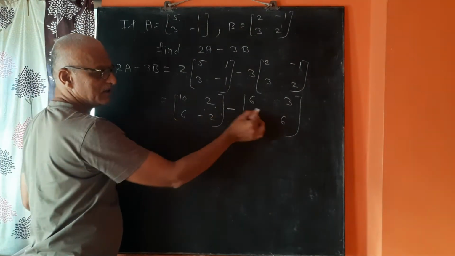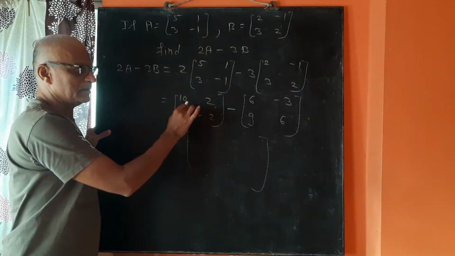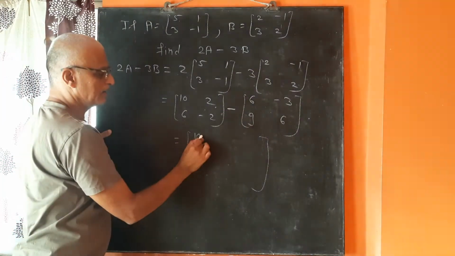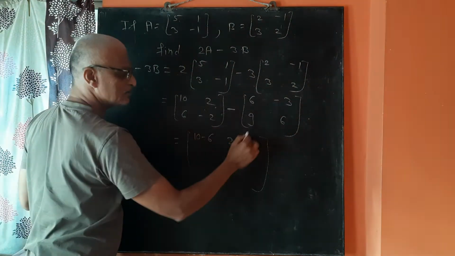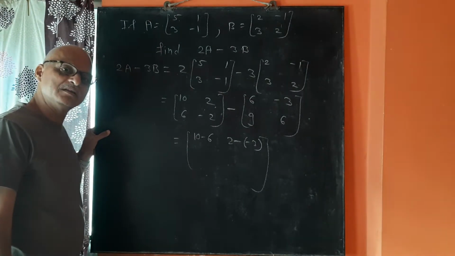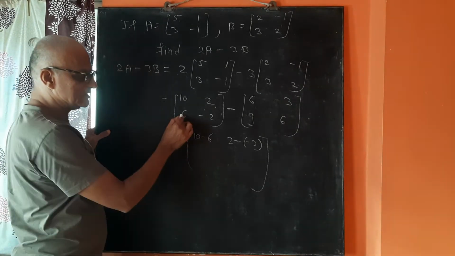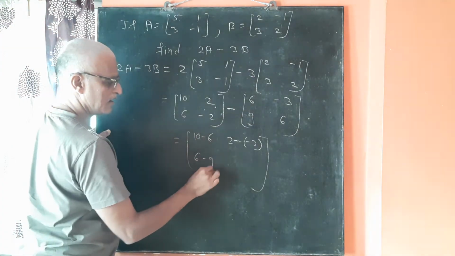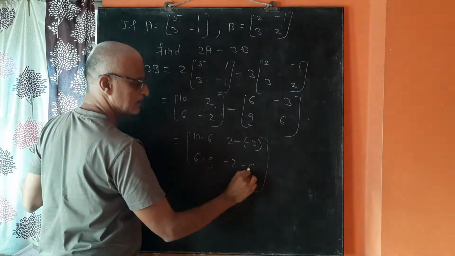Now, there is a subtraction of two matrices. So this equals a matrix of the corresponding elements subtracted. 10 minus 6. 2 minus, this is again minus, so I put that in brackets, minus 3. It is always better to put the bracket if there is a minus sign. 6 minus 9. Minus 2 minus 6.